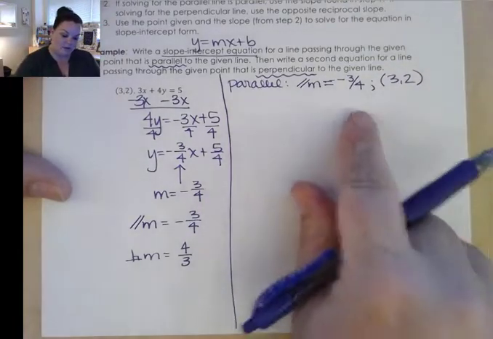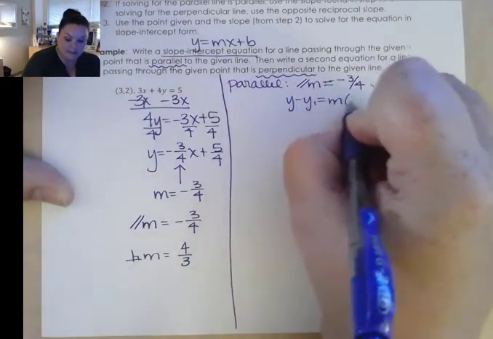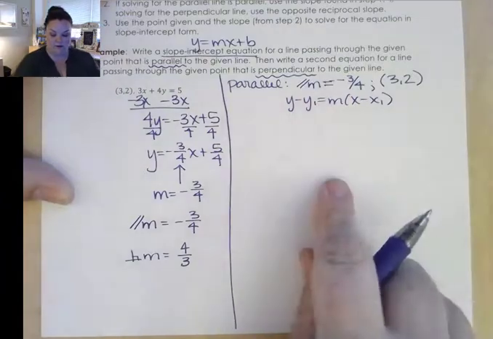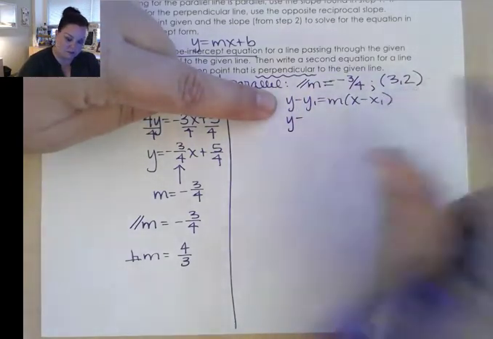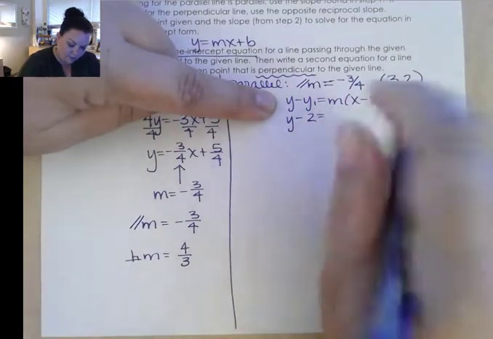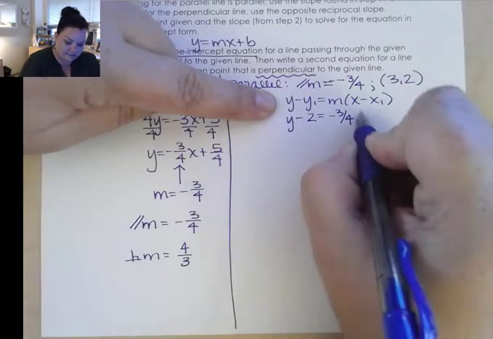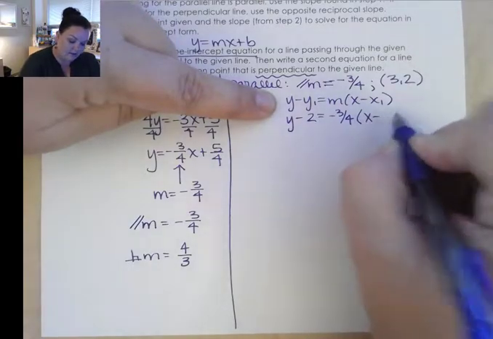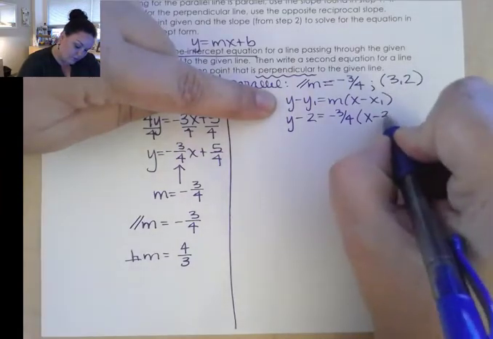Okay, so now I'm going to plug it into my y minus y1 is equal to m times x minus x1. So I do y minus the y that was given in the point, which is 2, is equal to my slope, which we just determined is negative 3/4 because it's the same as the line given, times x minus the x given in the point, which is 3.